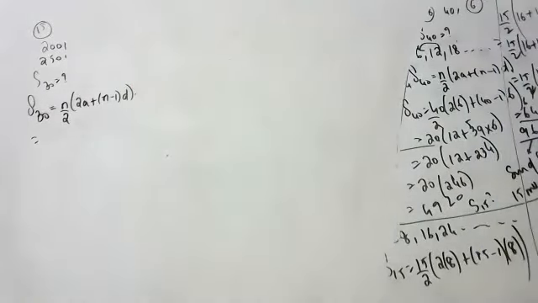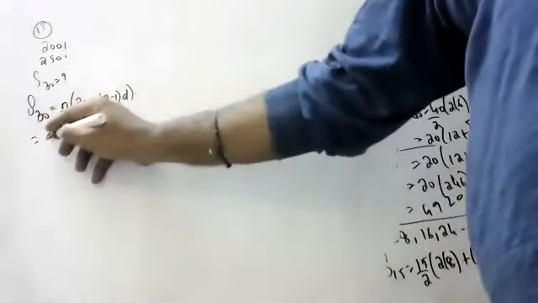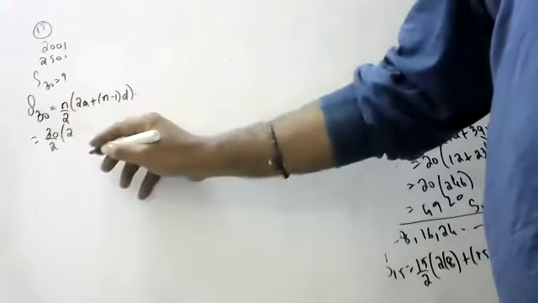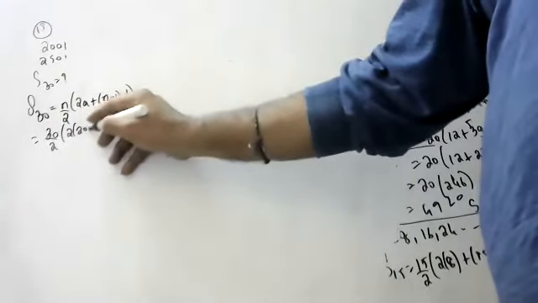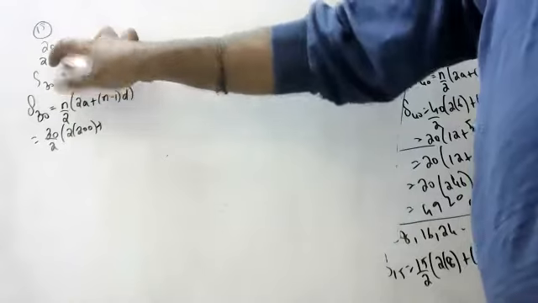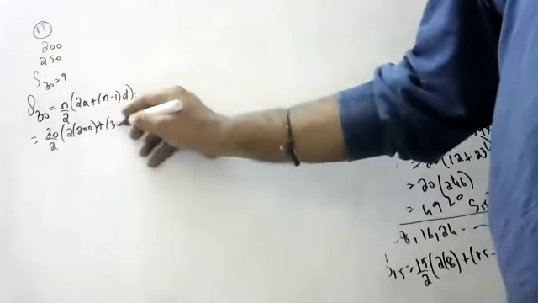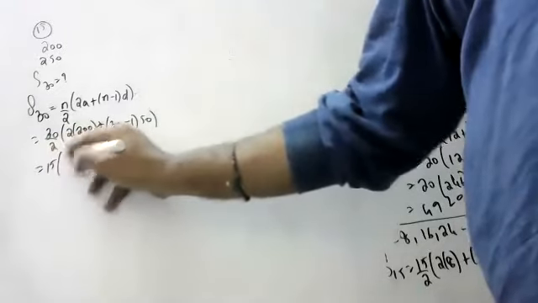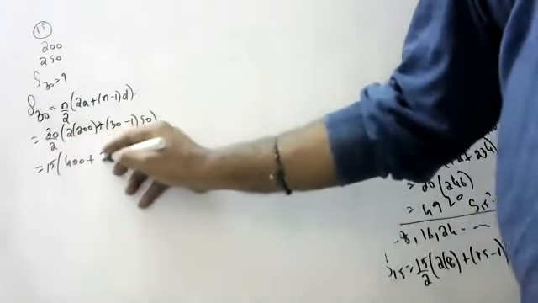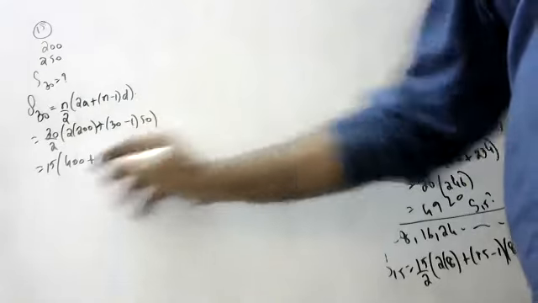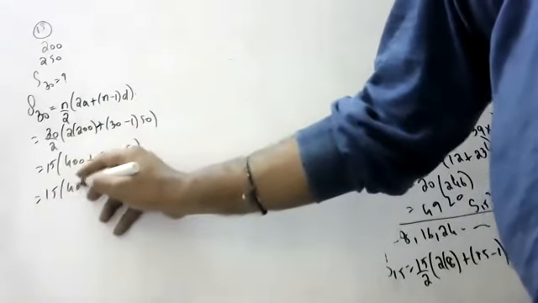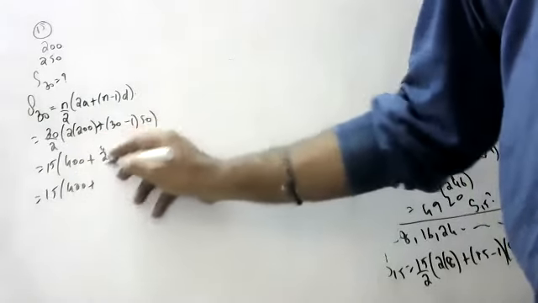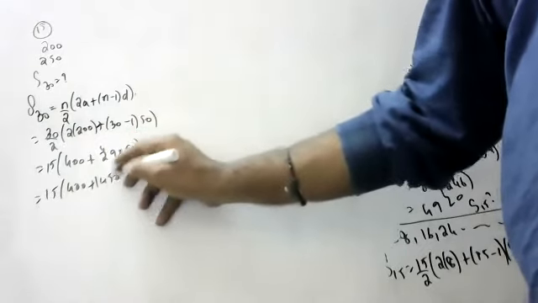S30 is equal to 30 by 2 into (2 into 200 plus (30 minus 1) into 50). Every day 50 rupees increase. 15 into (400 plus 29 into 50). 1450.